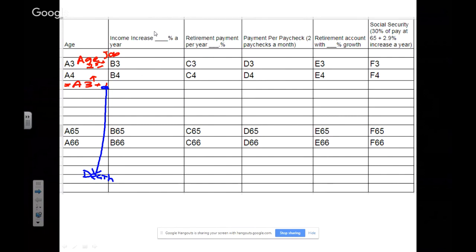So whatever that first income is, goes into B3. So this is starting income. I have hardly enough room. Do you guys have enough room in your boxes? Yeah. What goes in B4?